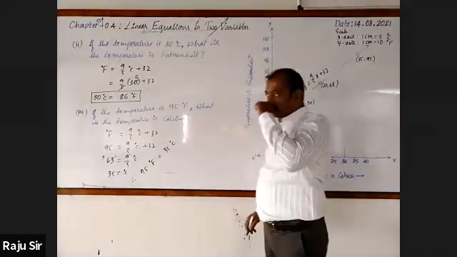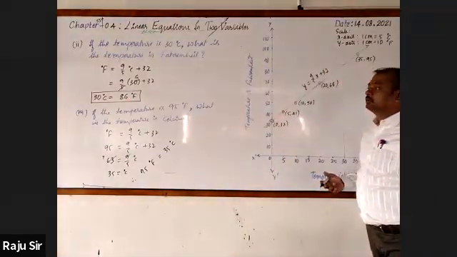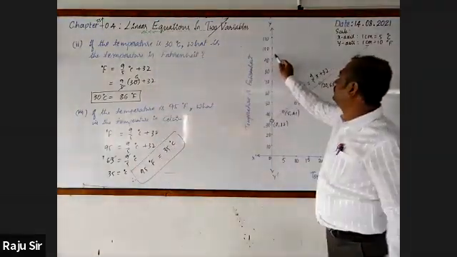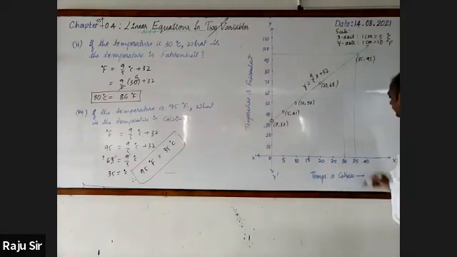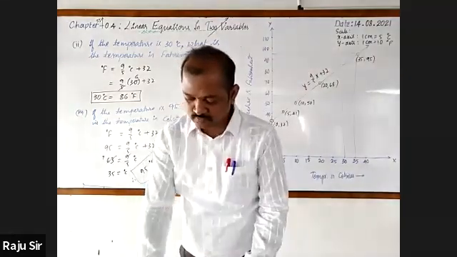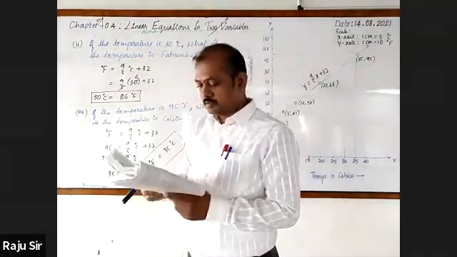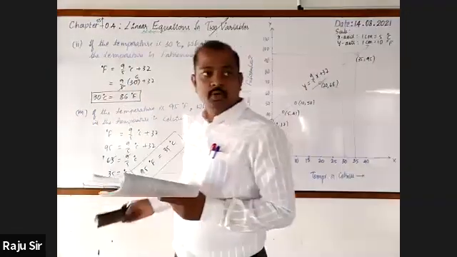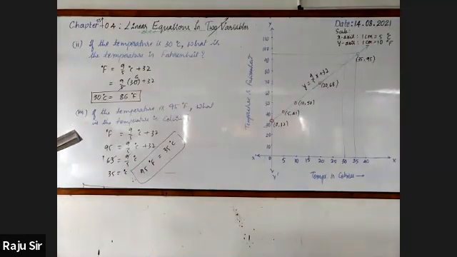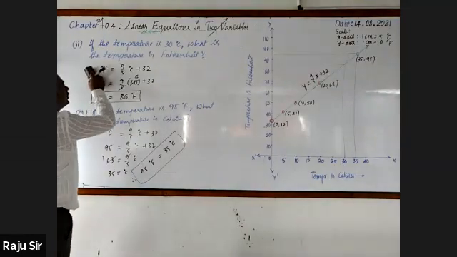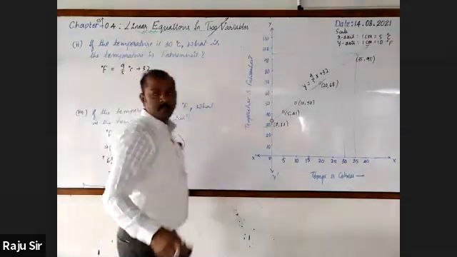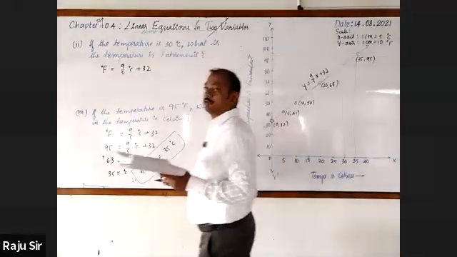I have drawn it in the graph too. In the graph also it came correctly, 95 gives 35. Shall I repeat? No, sir. Third sub question. Right.